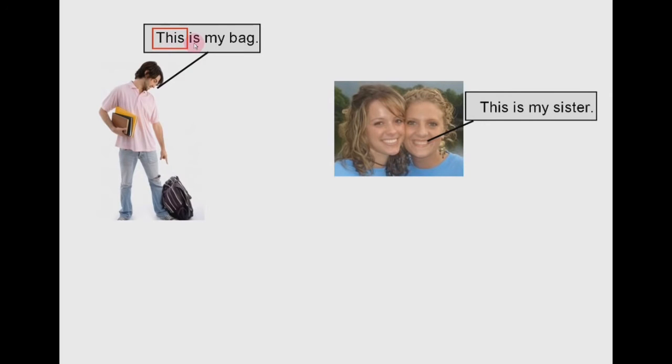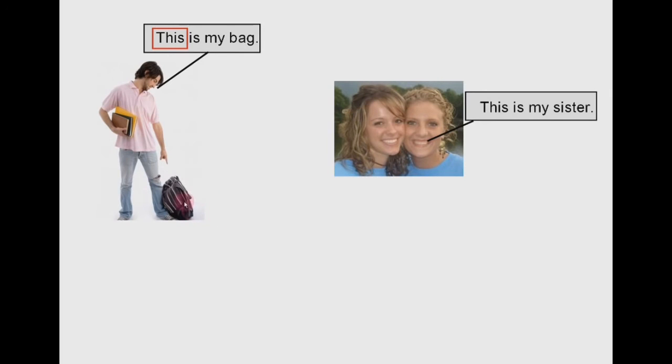We are saying this is my bag and this is my sister. So this is an expression we use to show a single object or a single person who is close to us, who is near us.